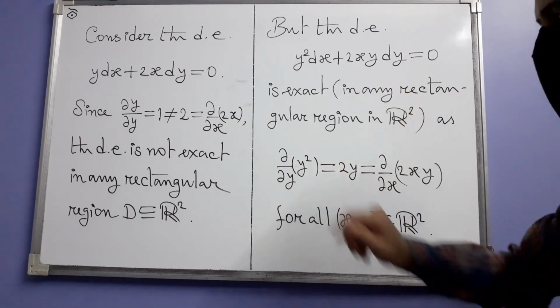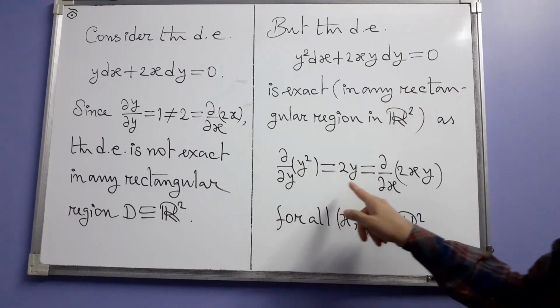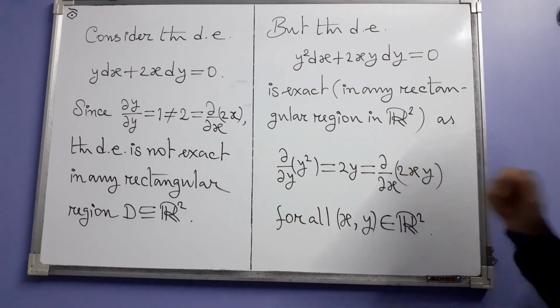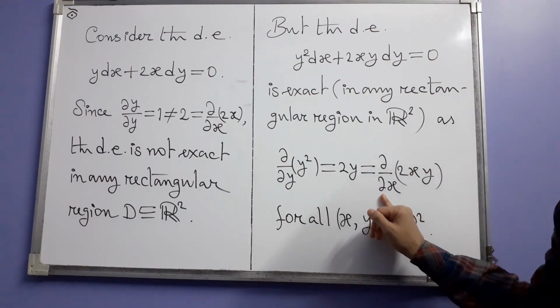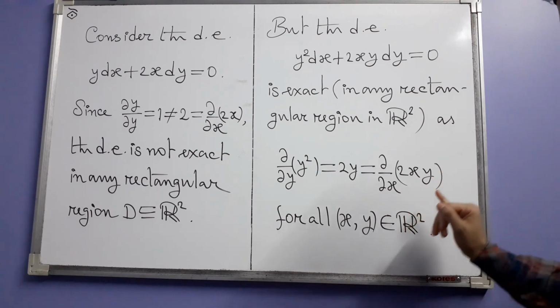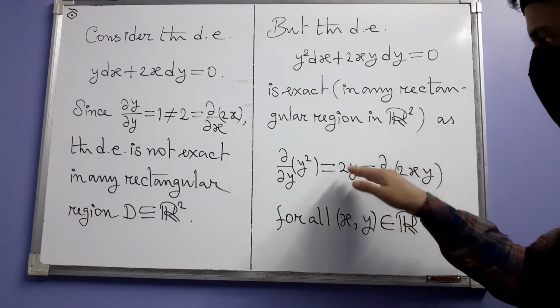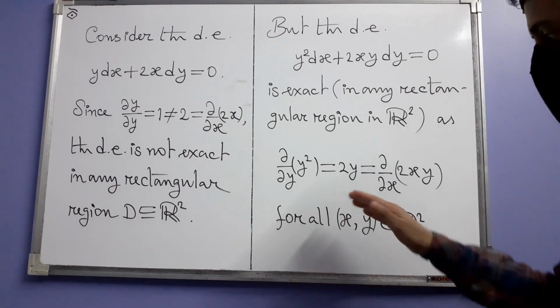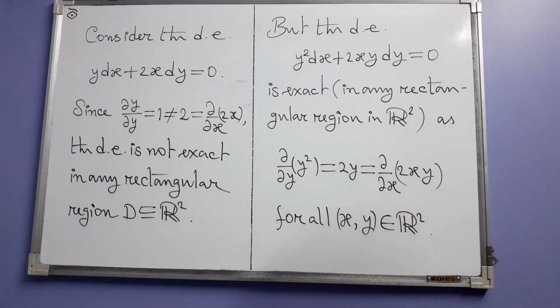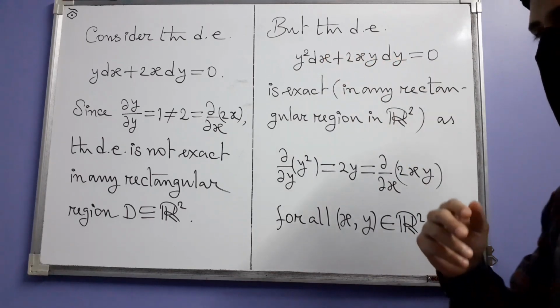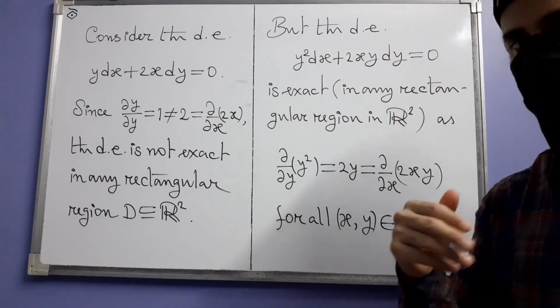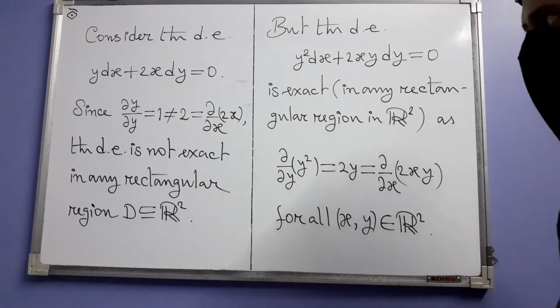So del M del y is 2y and del N del x is, here you are differentiating partially with respect to x, so y is considered constant and you get 2y. So again you get 2y, and this is true for all (x, y) in R2, and that is why this equation is exact in any rectangular domain in the plane.